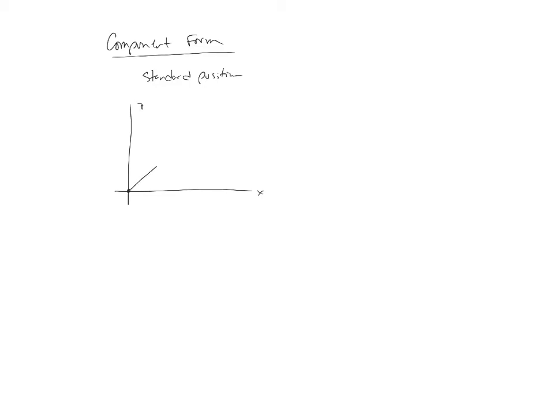So if that's the initial point, there would be a vector in standard position. Now, because of how we know vectors work, the terminal point here would be the point (x, y), which means that point was found by moving right a distance of x and up a distance of y.